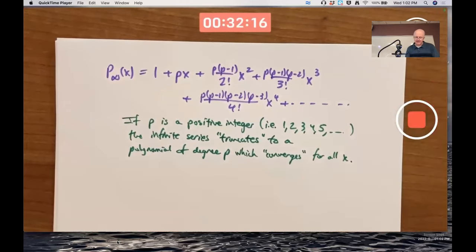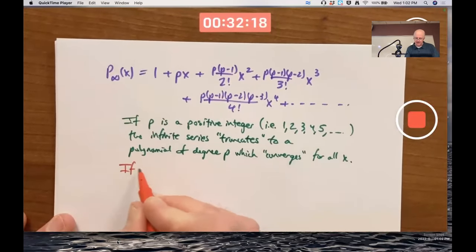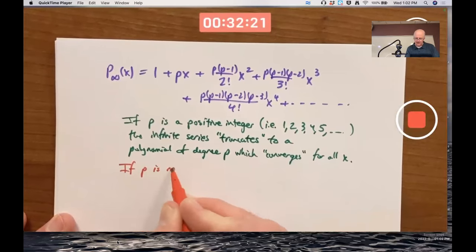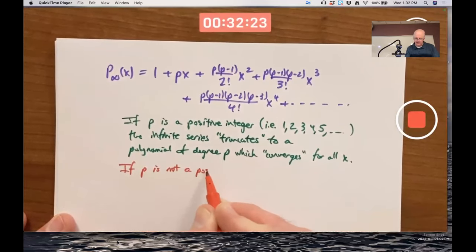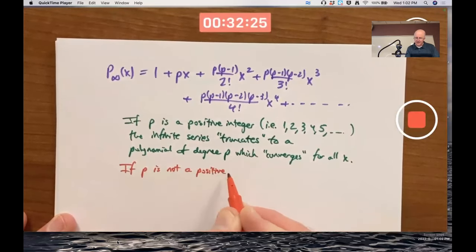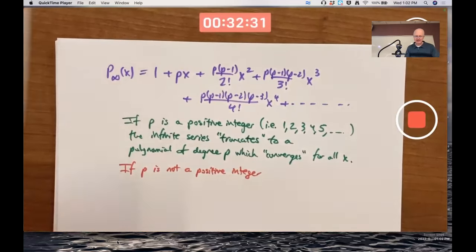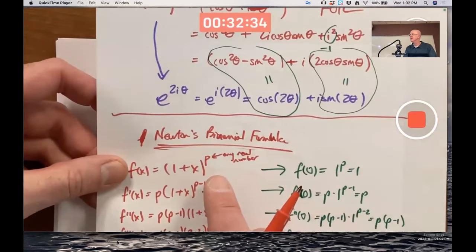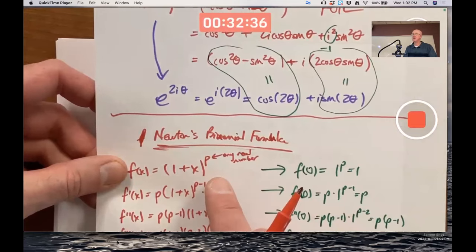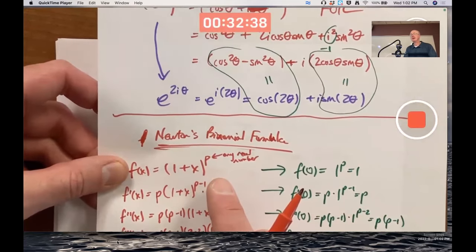If p is not a positive integer, whether it be a fraction, like a half, which would mean if p was a half, by the way, that I'd be taking really a square root, or a third, meaning I'm taking a cube root, or a fourth, meaning I'm taking a fourth root.